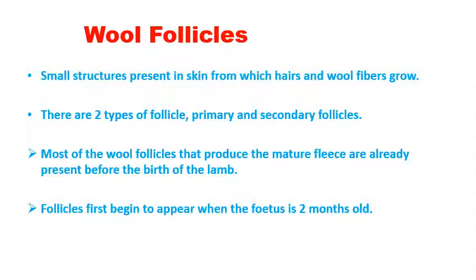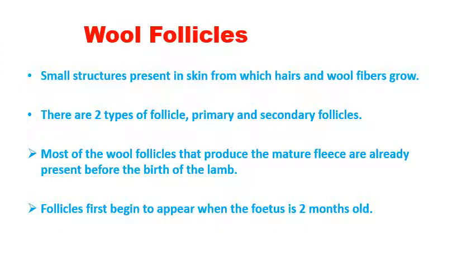So we will talk about the wool follicle. This is a small structure present in the skin from which hairs and wool fibers grow. Basically it is in the second layer of the skin, that is the dermis, and there are two types of follicle, that is primary and secondary follicles.